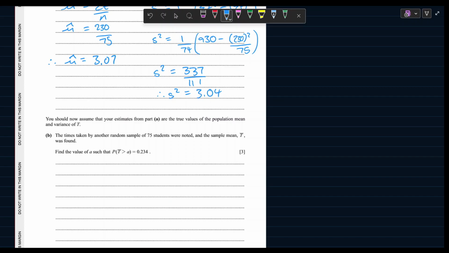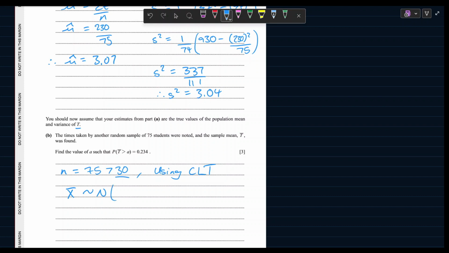Alright, so because n, our sample size, is equal to 75, this is greater than 30. Using CLT, since we don't know the distribution of t, our population, we can use CLT to say that our sample mean follows a normal distribution, because it satisfies the condition that n should be sufficiently large, or in other words, n should be greater than 30.